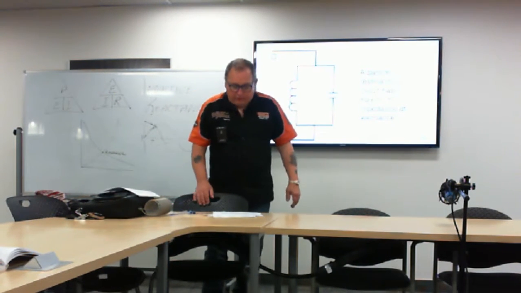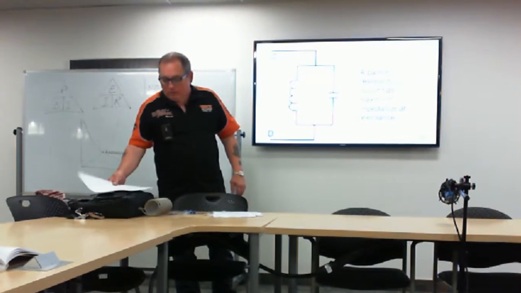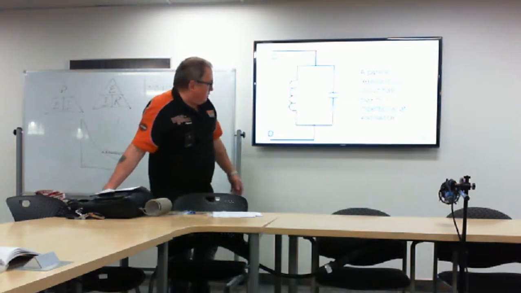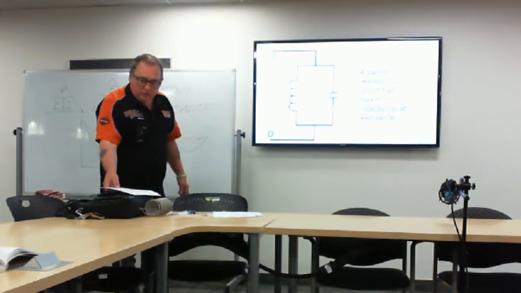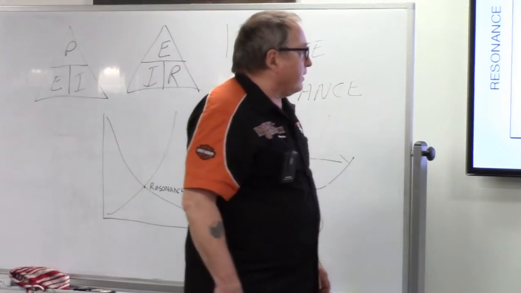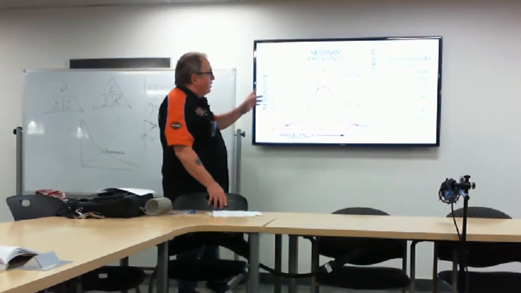There's a formula for that in these notes. Give me the next one, I think. Oh, this is the thing about Q, about bandwidth. The bandwidth of a tuned circuit becomes narrower as the Q increases.